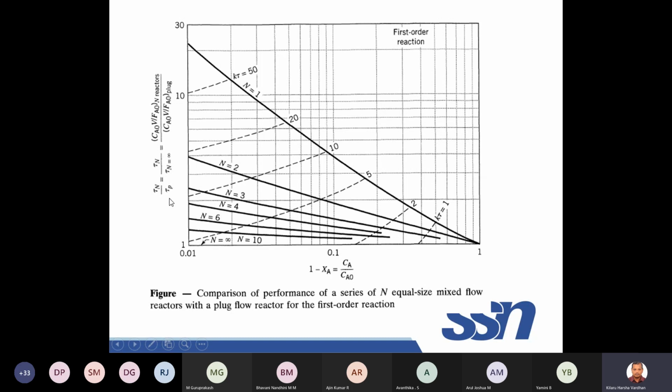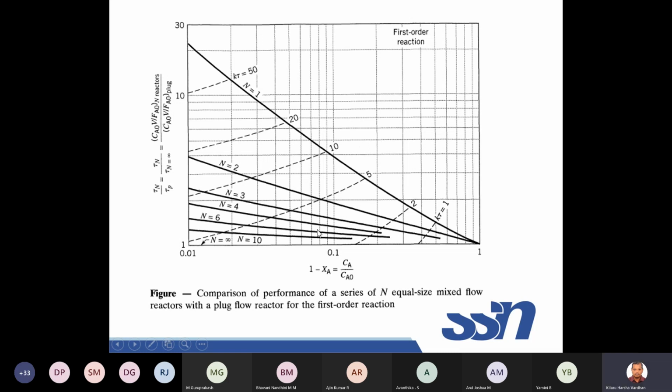On the y-axis you are putting tau n by tau p, the tau of mixed reactors in series compared to that of one plug flow reactor. Either you can put it in terms of taus, or in terms of volumes.